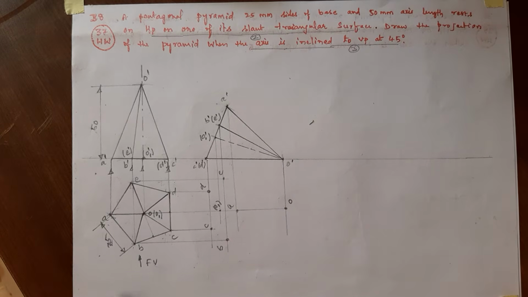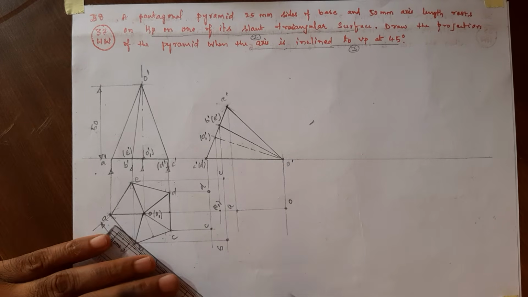Now the next step is joining outside points. You will get outline edges. Outline edges are visible, draw with thick line.